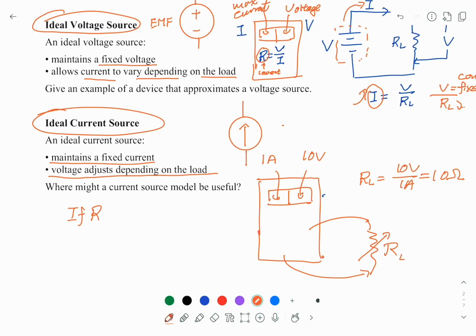So what happens is, if the R is larger than 10 ohm, the output current can be calculated as 10 volt over RL. Because it's bigger than 10 ohm, the current will be less than 1 ampere.